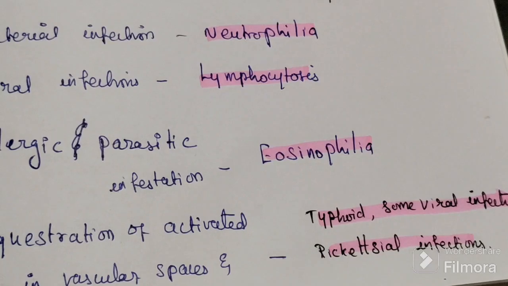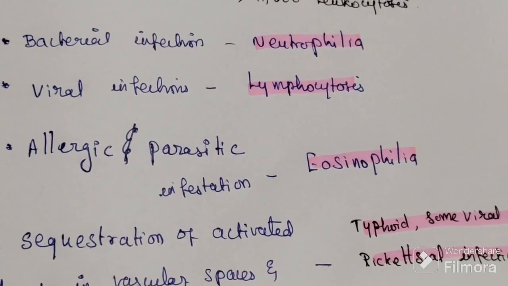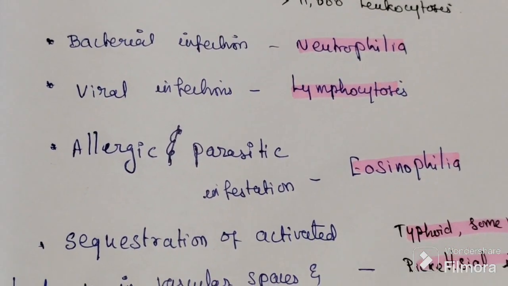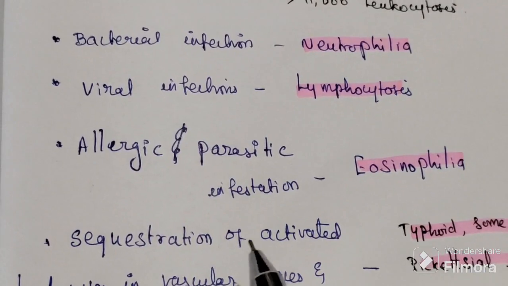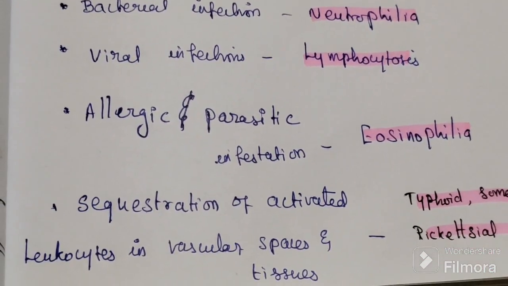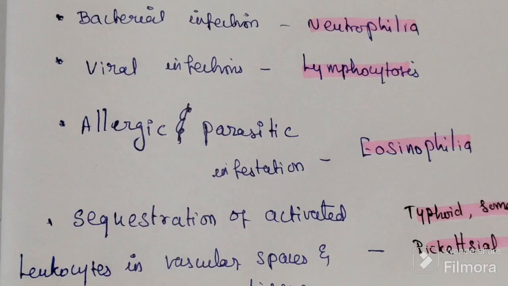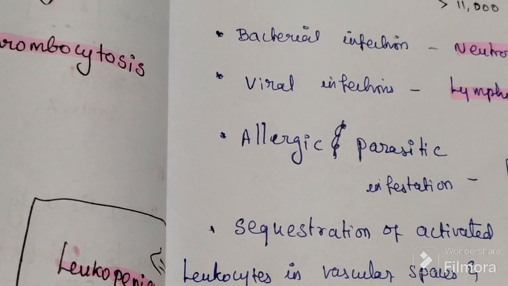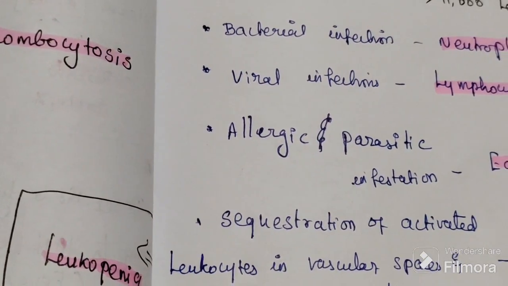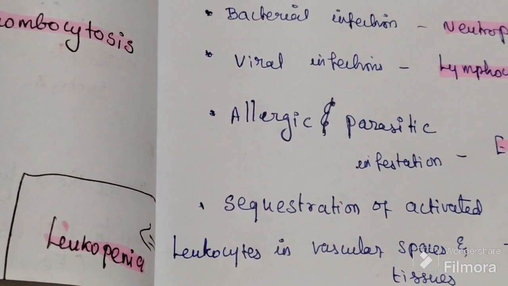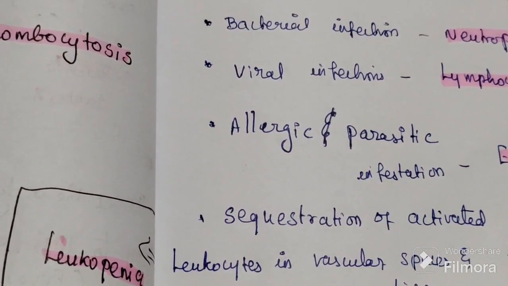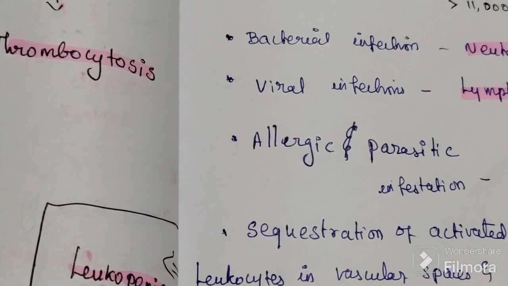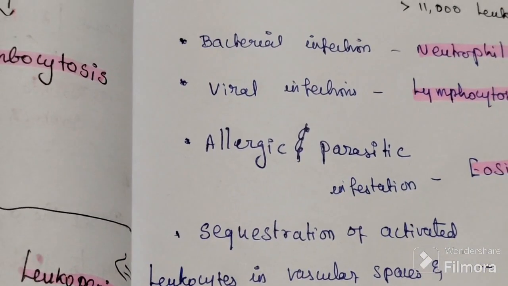What happens in these infections is that there will be sequestration of activated leukocytes in vascular space and tissue. That results in decreased leukocyte count. So there they actually manifest with leukopenia. So here what is the condition? Decreased leukocyte count, so it is called leukopenia. It is also a manifestation of inflammation.